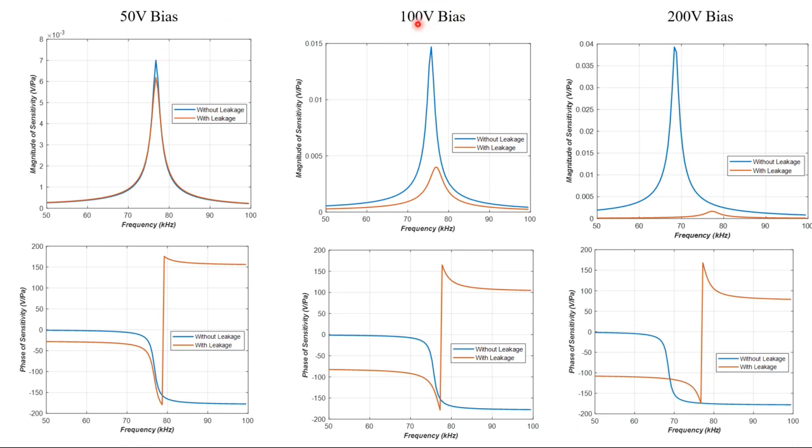Well, as expected, due to the spring softening effect, the resonance shifts down. So it's not 77 kilohertz, it's now 75 kilohertz over here. And as you know, if you increase the bias, your membrane is going to come closer to the substrate. That means you have higher coupling conditions. The other is that the electric field sustained in the cavity is large.